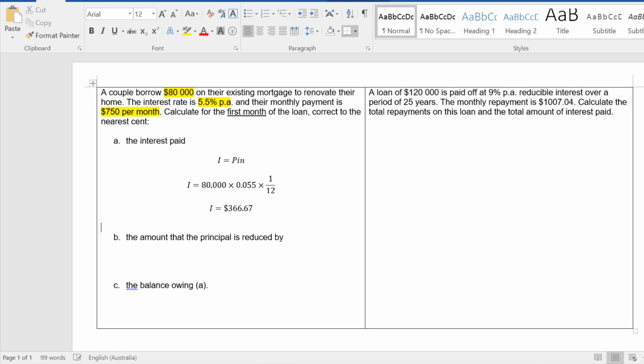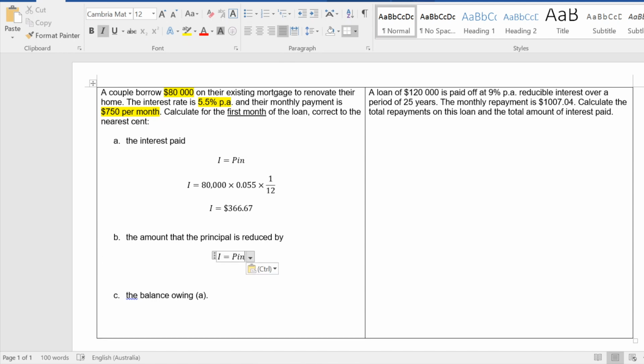Now, B, calculate the amount that the principal is reduced by. So here, I'll put this in a formula we might be able to look at. So to work out our reduction, normally it's just reduced by $750. However, as there's interest building on that loan of $366.67, we have to subtract that.